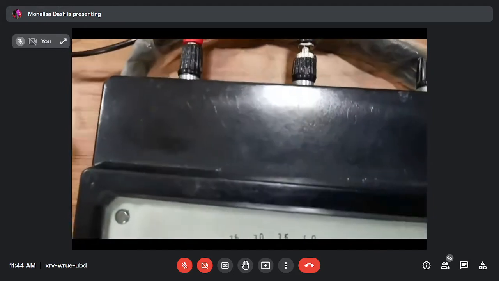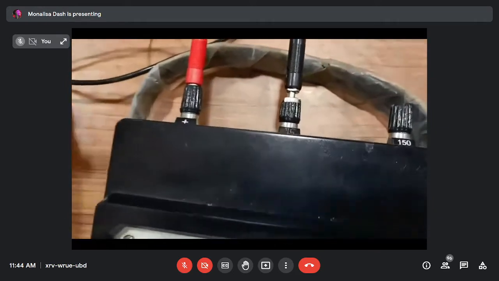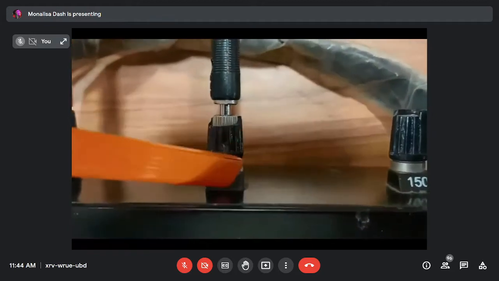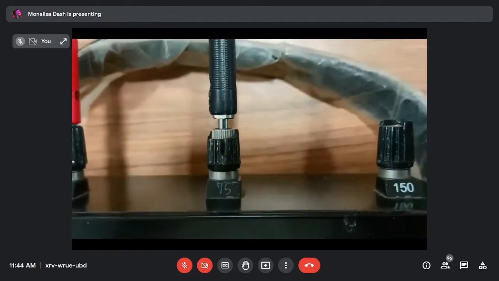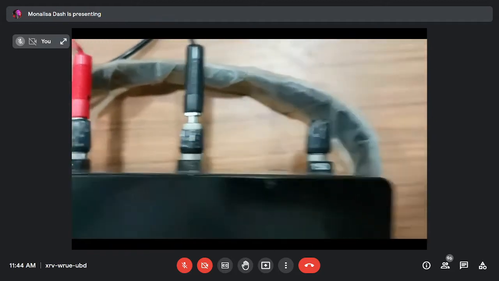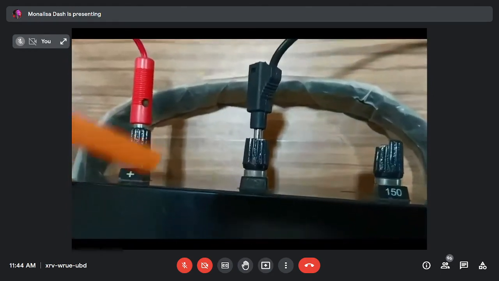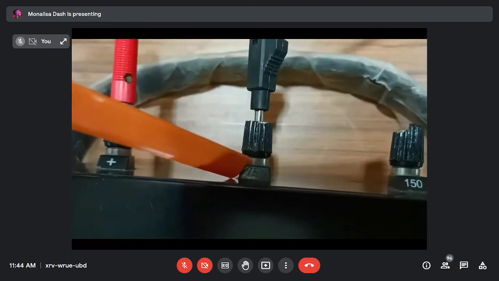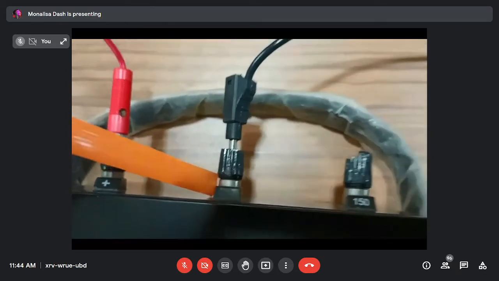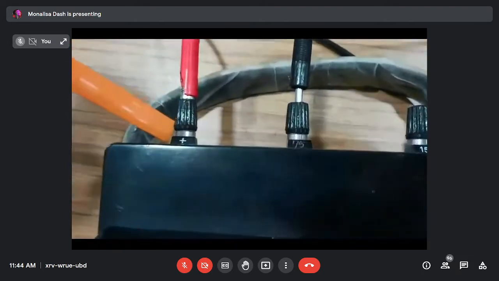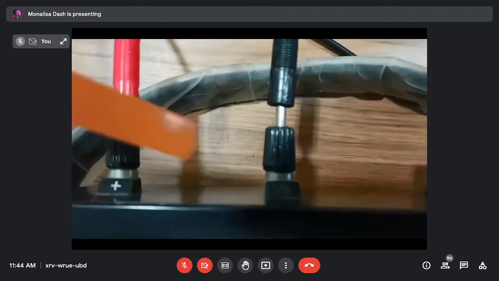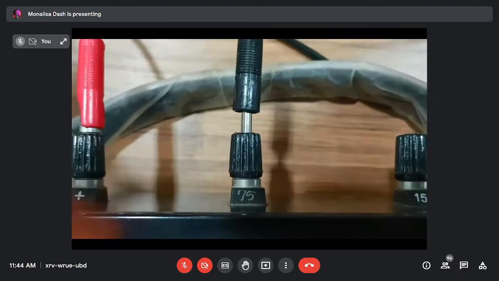This voltmeter connection is 0 to 75. The same, this voltmeter also 0 to 75 connection. And the third one is also 0 to 75 connection.